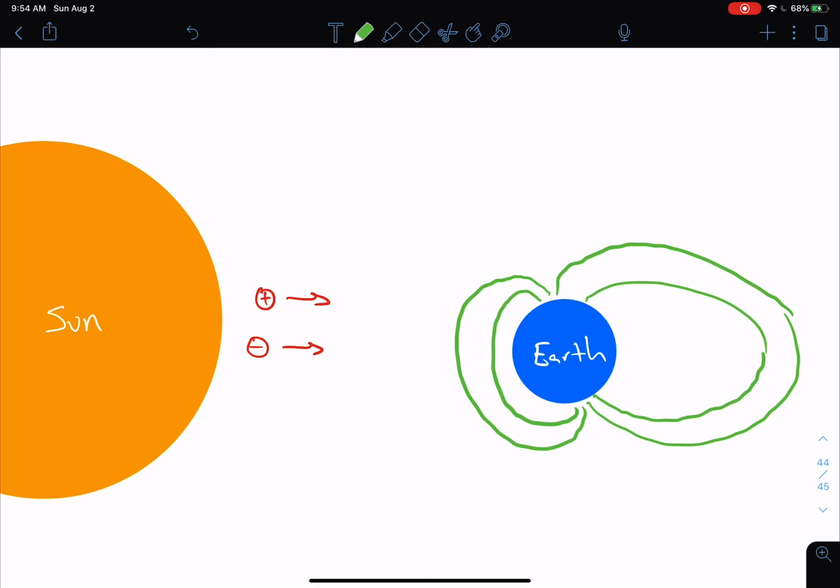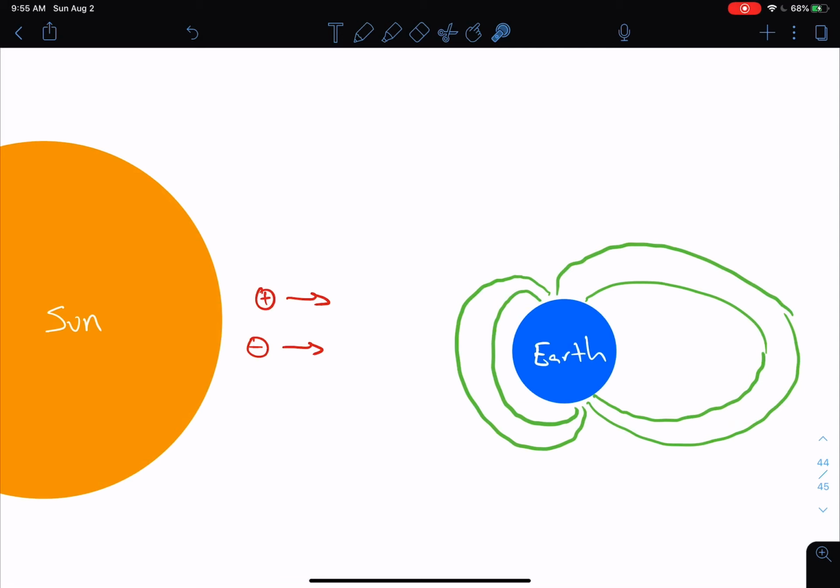Now you'll notice I did not draw this symmetrically. It's a little flatter on this side, its tail's out on this side. That was intentional. This is how it actually is, roughly. And what happens is these charged particles come in and they get deflected away, because this is what magnetic fields do.